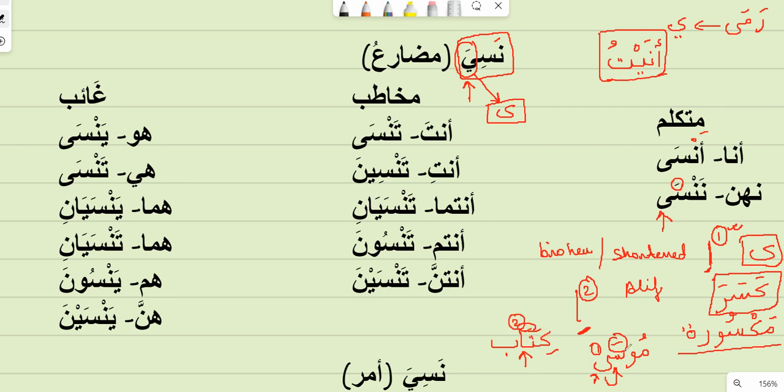Here also you can see a fatha. So that's why in the past tense you saw kasra under the seen. But now, due to getting an alif maksura at the end, the kasra has been changed to fatha. Now you understand why it was changed to fatha, because of this letter.